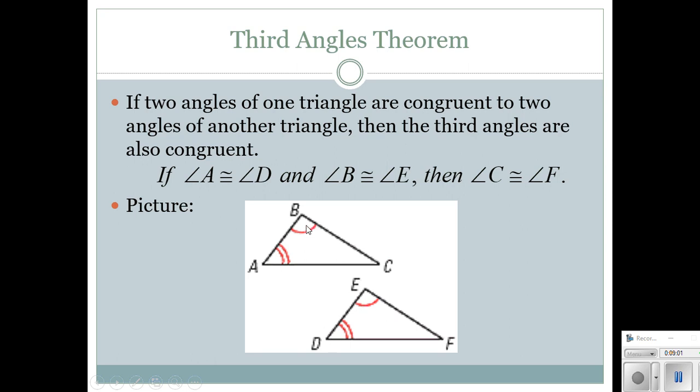If angle B and angle E are congruent, that means angle C and F are also congruent. That's why this is the third angle. First angles, second angles are congruent, and the third angles are also congruent. It only works when the first two angles are congruent to each other.